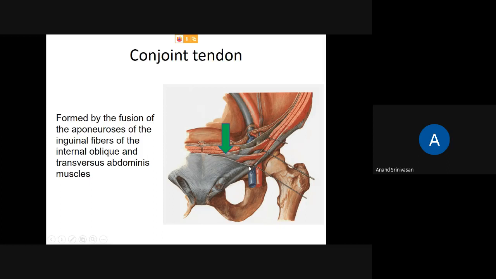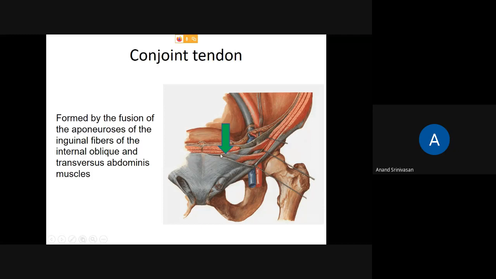Why is there this conjoint tendon? Because you know that there is a defect in the external oblique aponeurosis. Whenever we cough or lift some heavy weight, there is increased intra-abdominal pressure. This increased pressure should not let the abdominal organs come through the superficial inguinal ring.